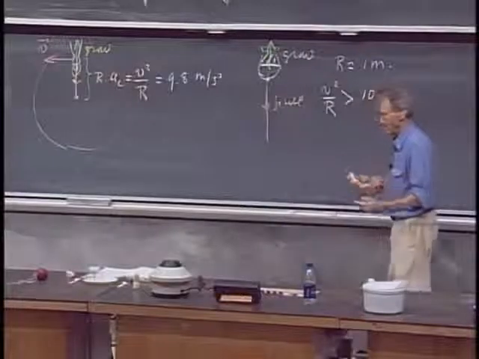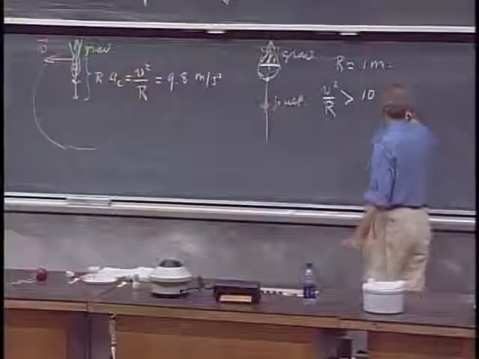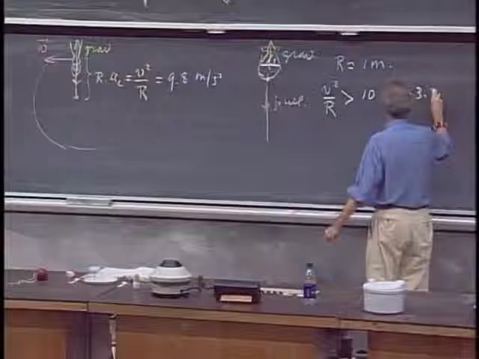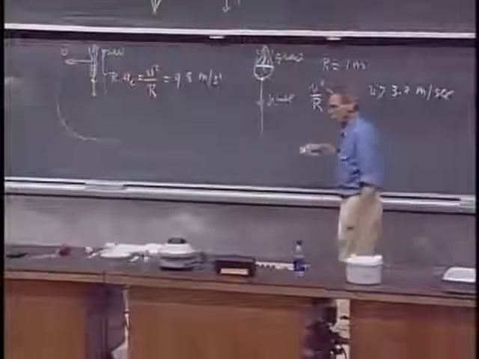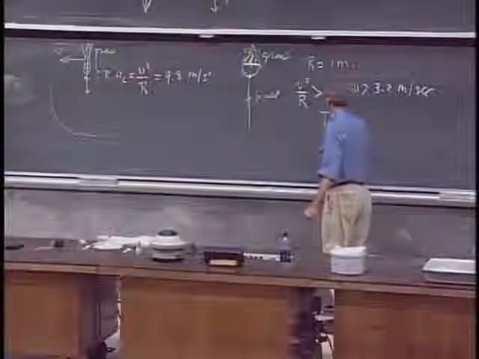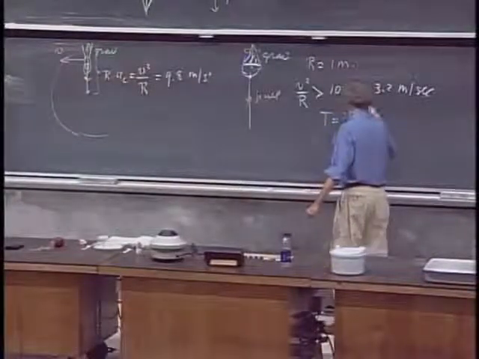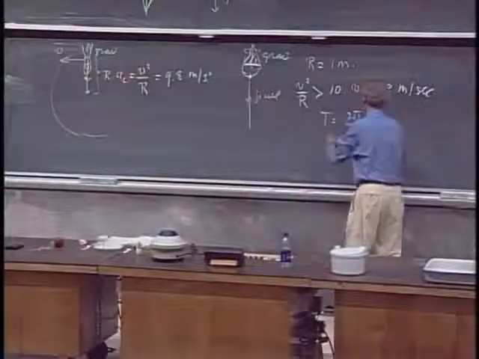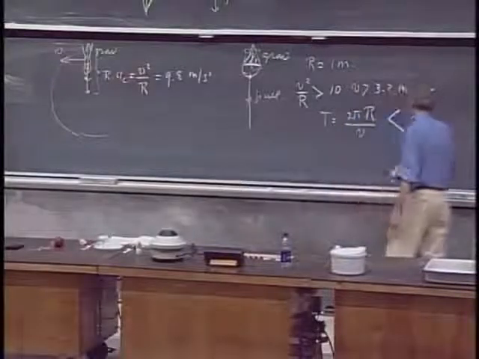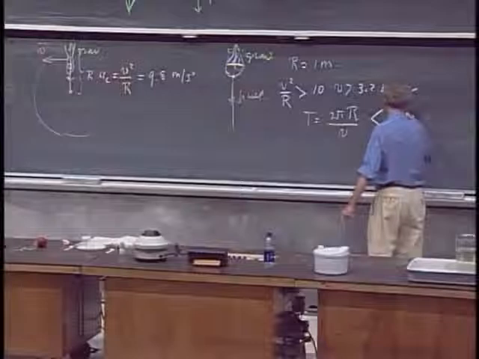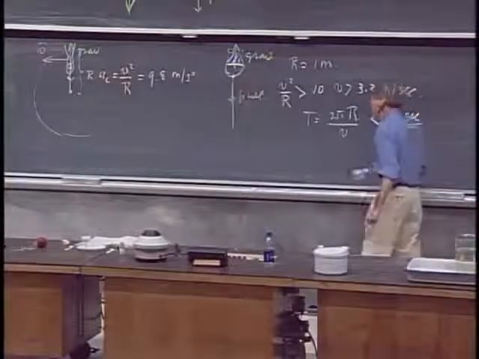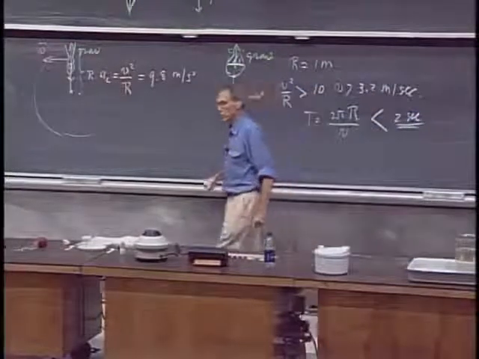Let's just call it 10. So that means V has to be larger than about 3.2 meters per second. The time to go around is 2 pi r divided by this velocity. So this time to go around then has to be less than 2 seconds. So if I swing this around in less than 2 seconds, I would be okay.